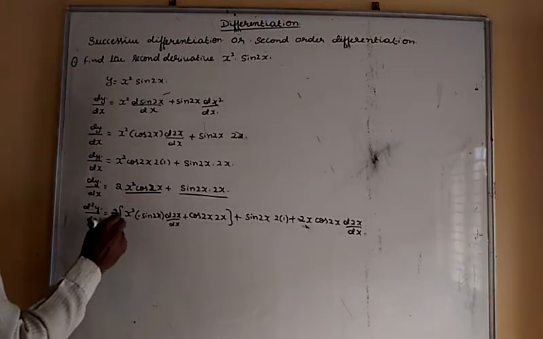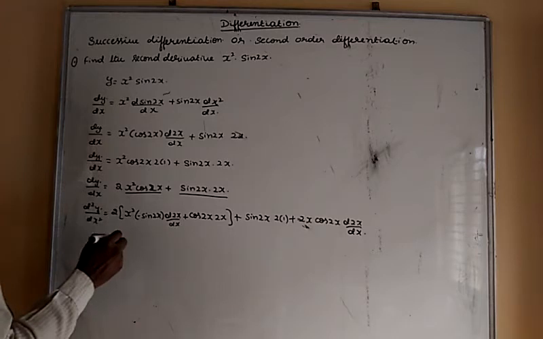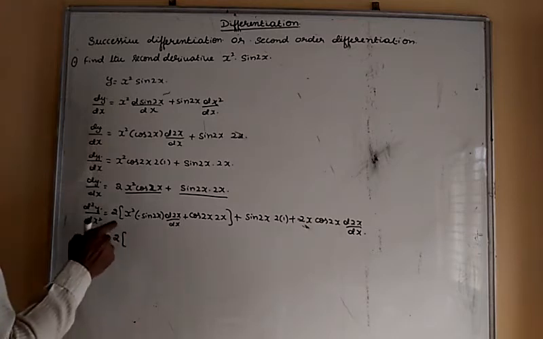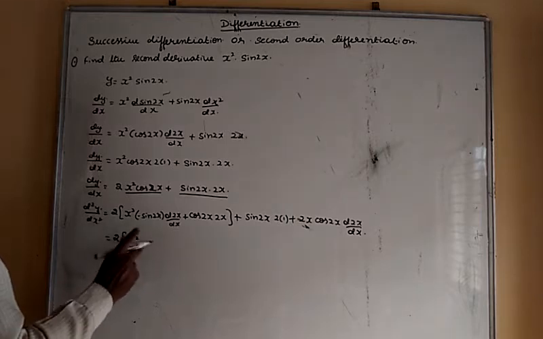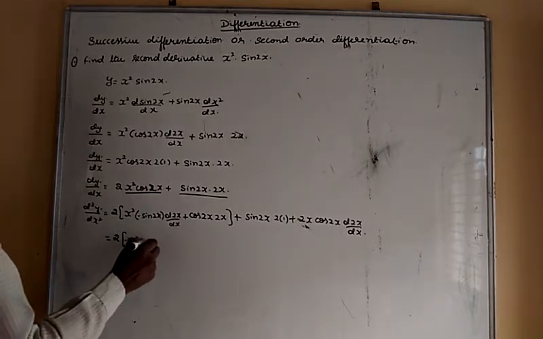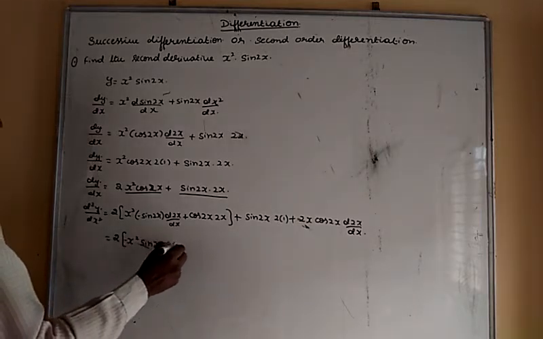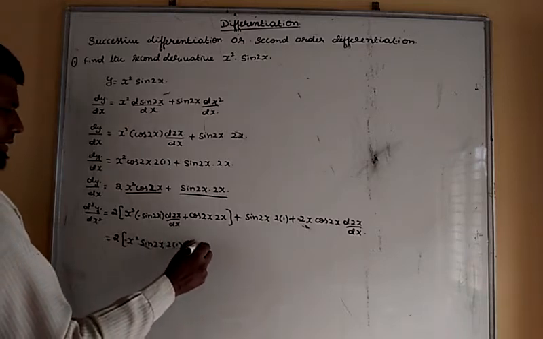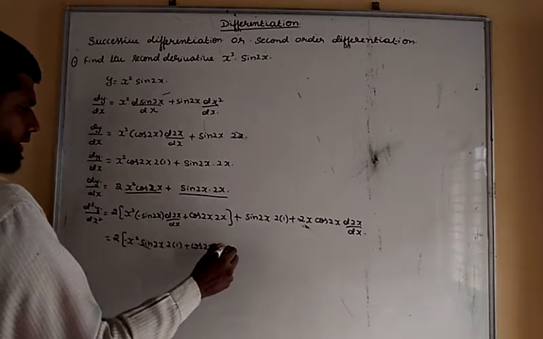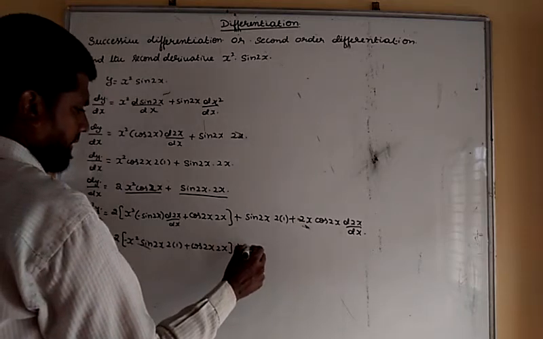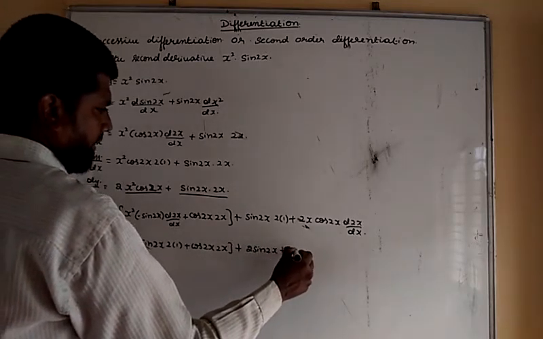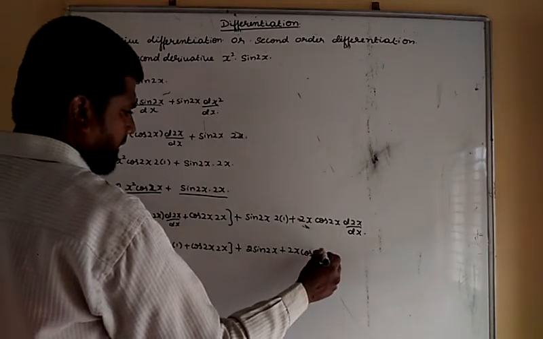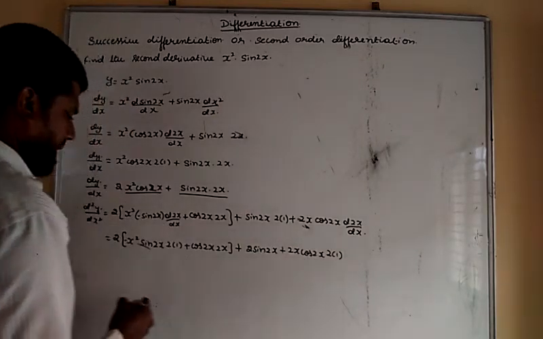Then multiply. If you multiply, keep 2 as it is, x, minus x square sine 2x, 2 is constant, x differentiation 1, cos 2x into 2x, plus 2 sine 2x plus 2x cos 2x, then 2 constant, x differentiation is 1.